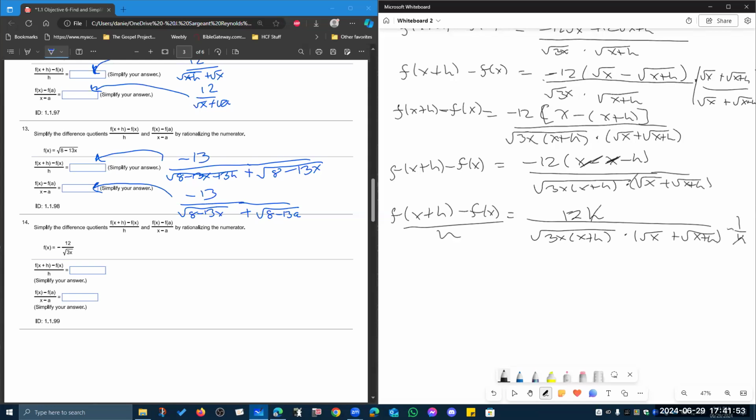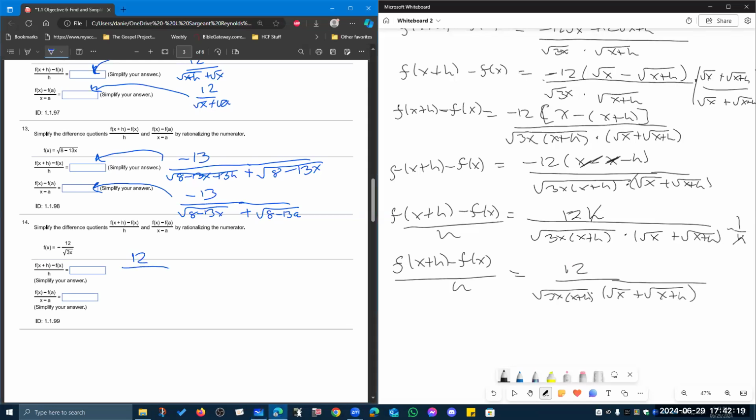The h's will go away. F of x plus h minus f of x divided by h is going to be a positive 12 over root 3x times x plus h times root x plus h. There's a lot going on in that problem on purpose. This is one of the last problems in the problem set.